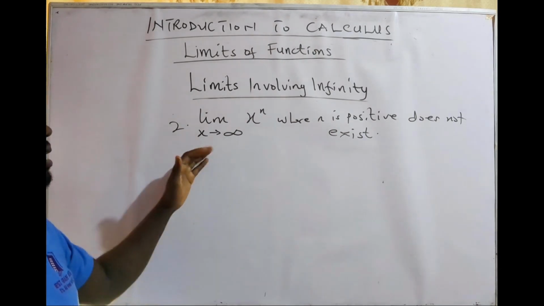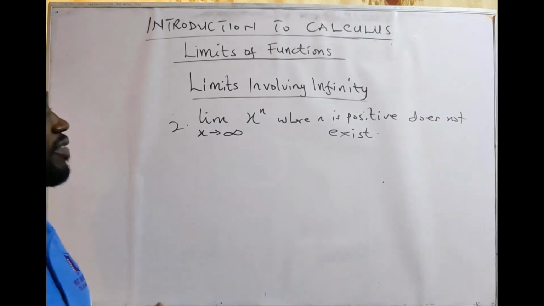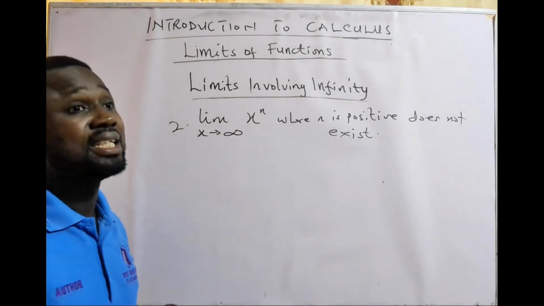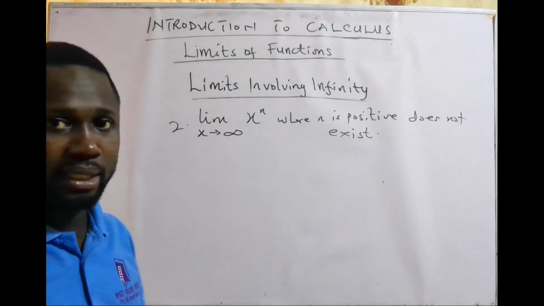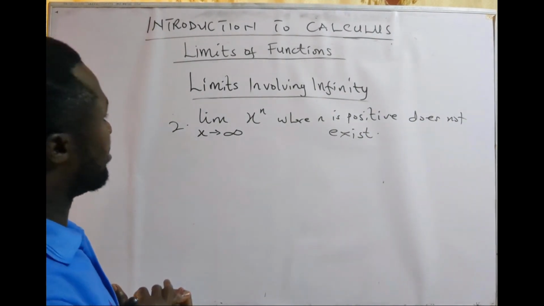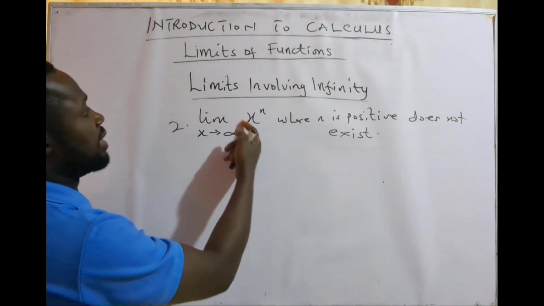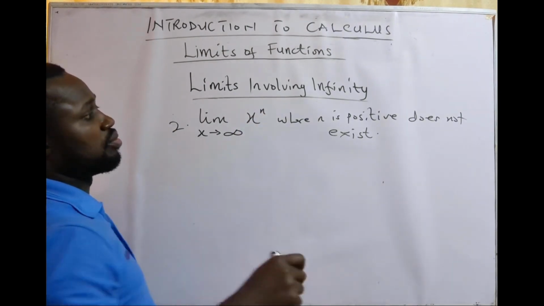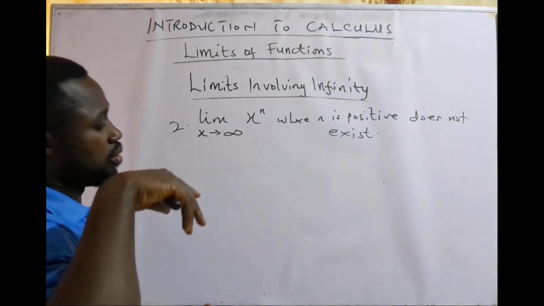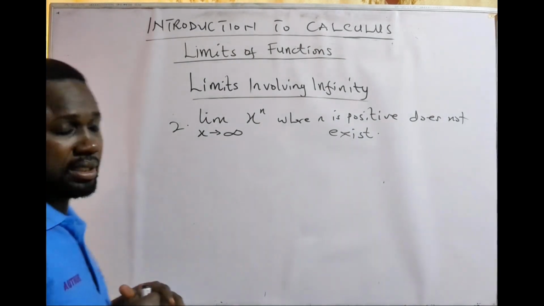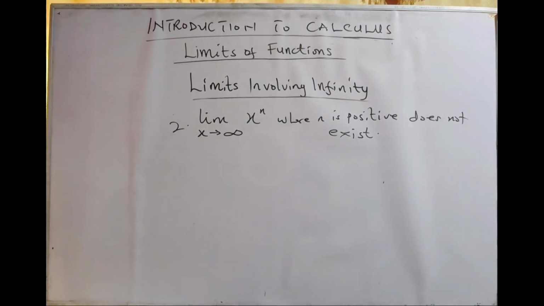The limit may not exist, because we are going to have a very large number which we cannot know. It is approaching infinity, so it is definitely going to be a very large number which we may not know. So the limit may not actually exist.